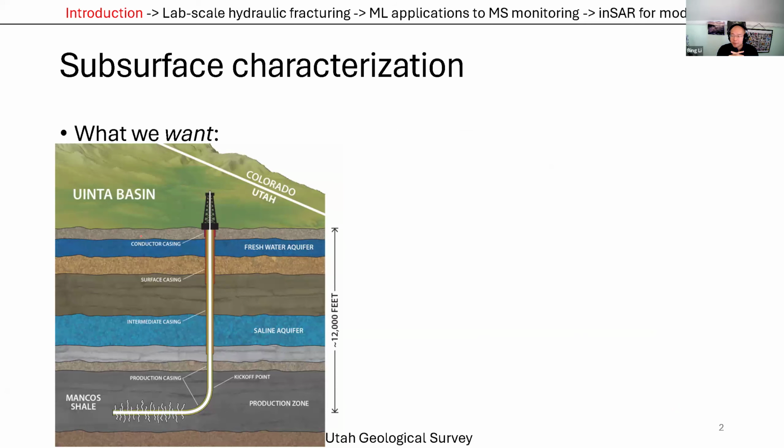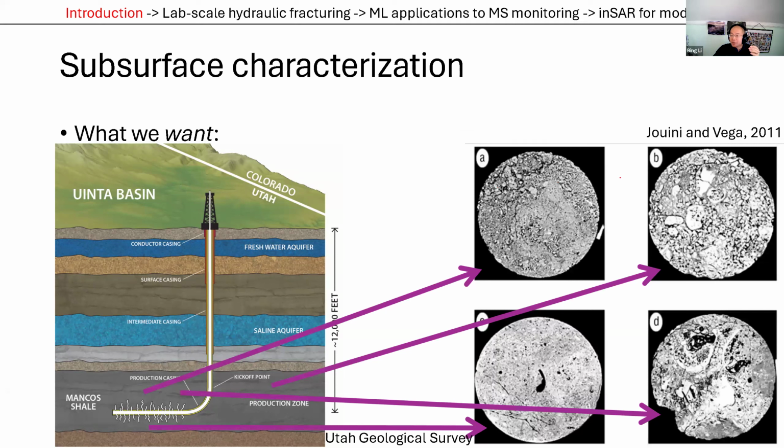So I'll first talk about the case of essentially an ideal world, right? When we're thinking about unconventionals, geothermal, carbon storage, nuclear waste storage, anything involving the subsurface, ideally, in a perfect world, what would we like to have is basically CT level resolution everywhere on Earth, right?